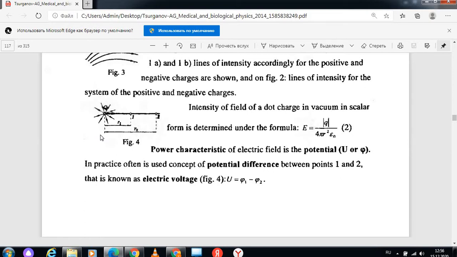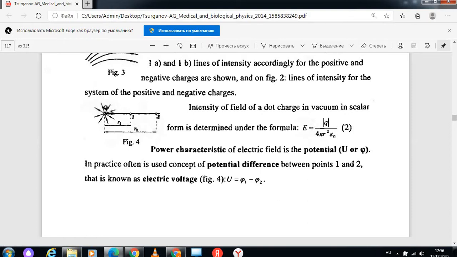The power characteristic of electric field is the potential U or potential phi, another Greek letter. Yes, in practice we often use the concept of potential difference between points 1 and 2, that is known as electric voltage. On figure 4 we have the electric voltage.